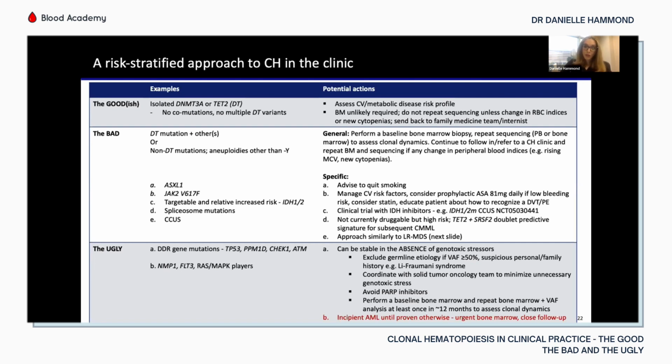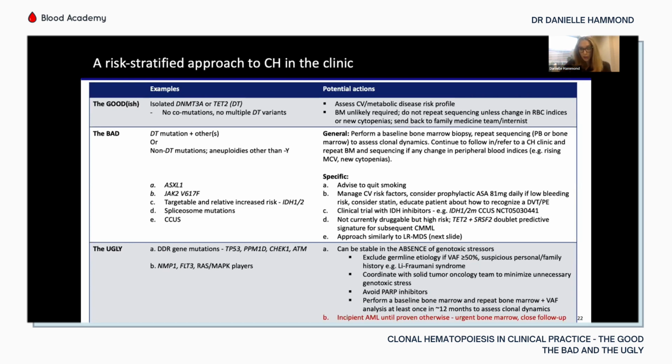So again, we can't forget about the mosaic chromosome alterations other than -Y, which is a pretty normal population finding. And then additionally, letters A through E outline mutations where there's some specific clinical action that potentially can be taken.